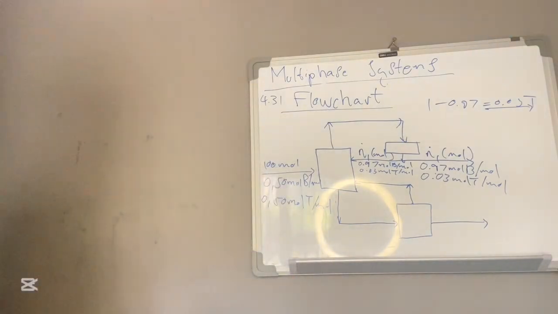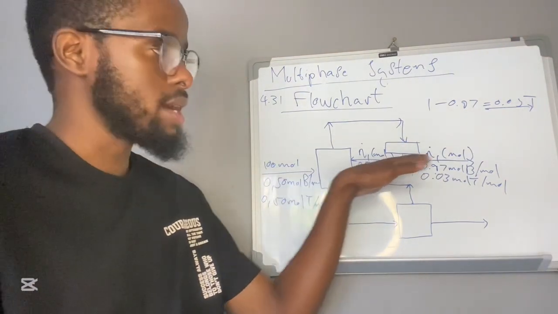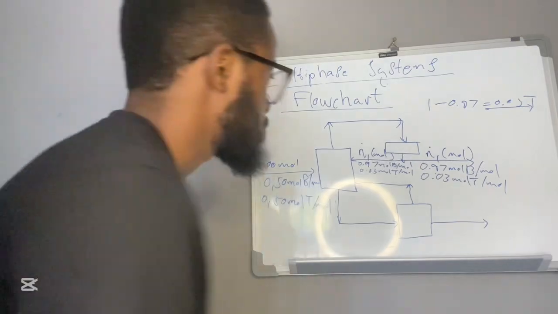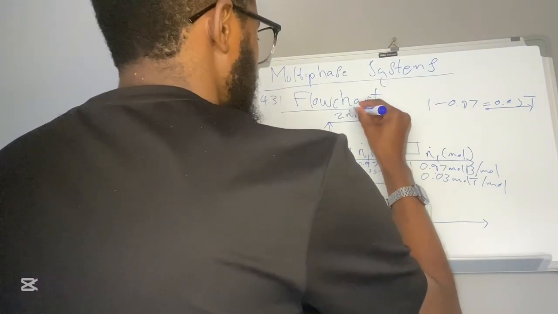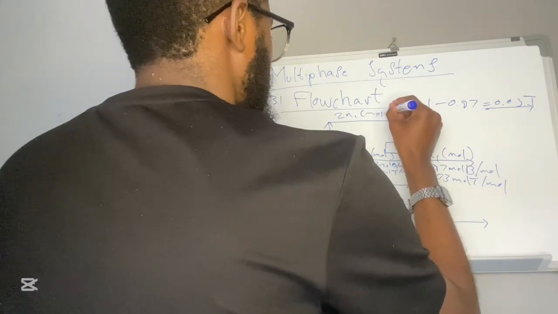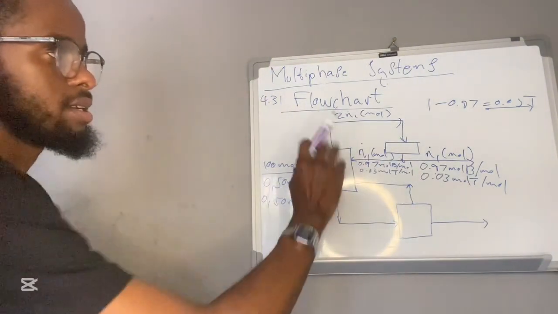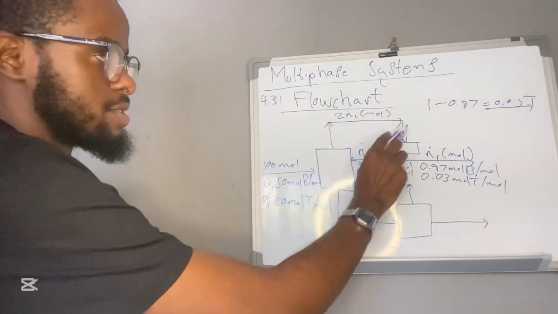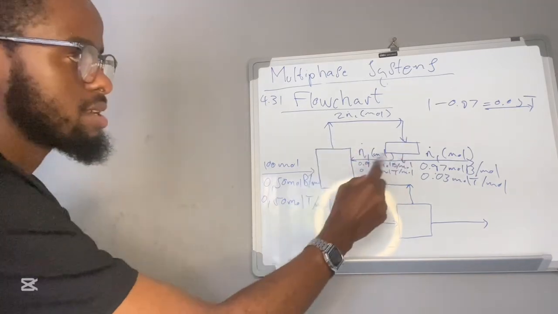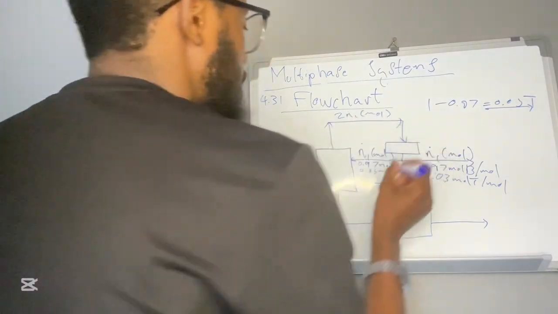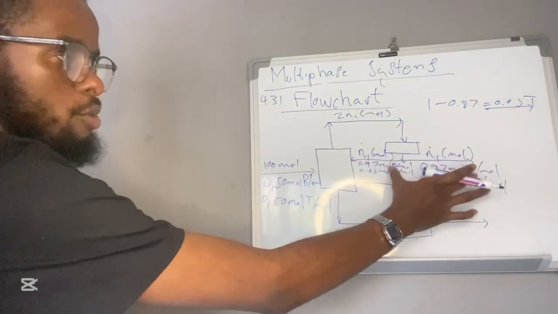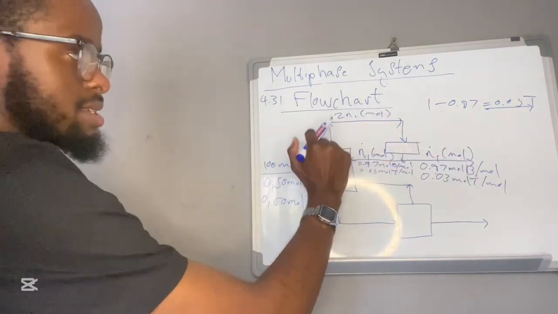Okay. So twice of this thing is 2 N1 mole. This thing is split into 2, so this is twice this, right? Obviously the component balance stays the same because it's the same stream.